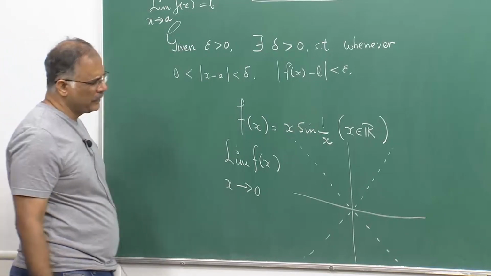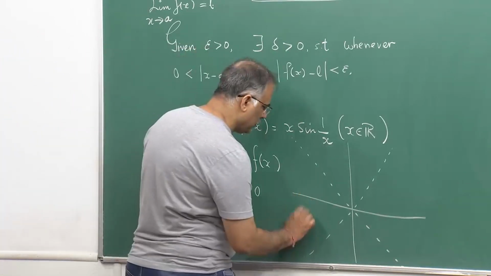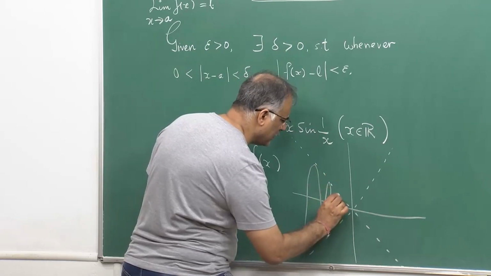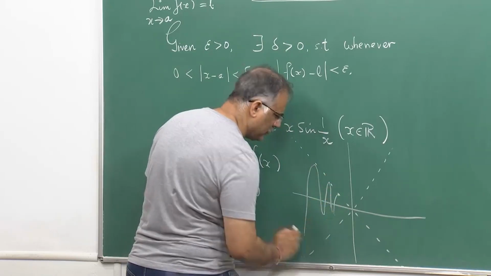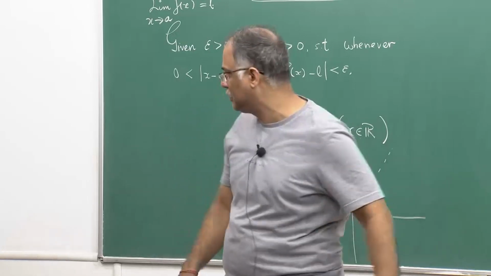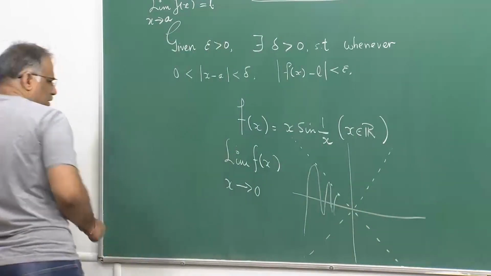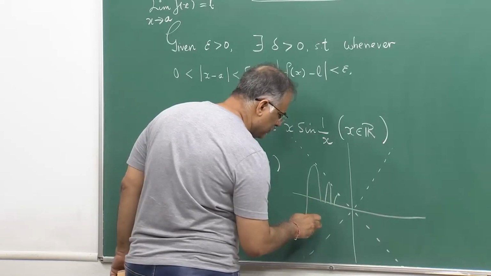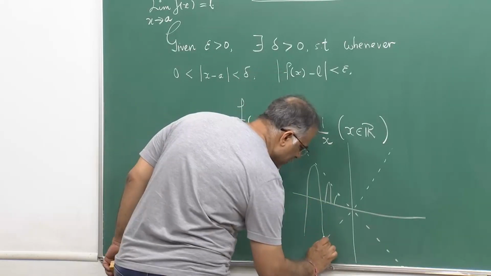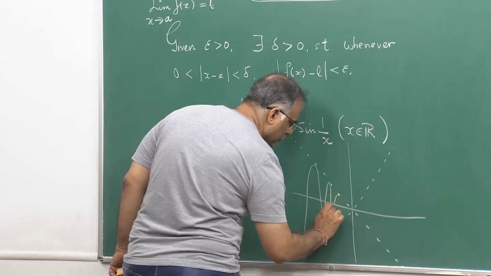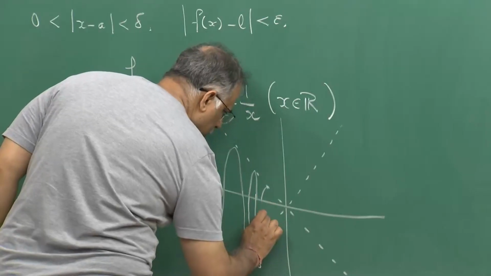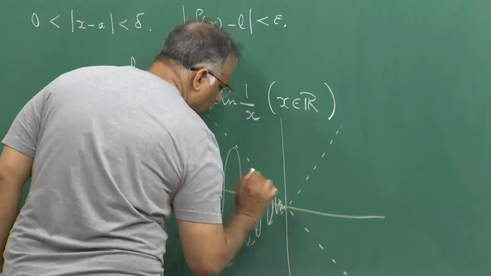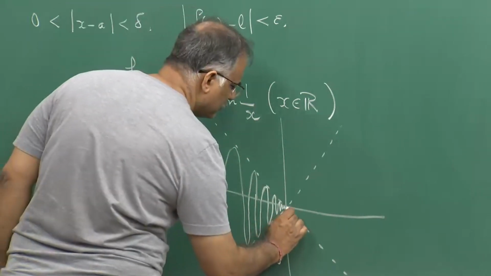Okay. Now, the function oscillates like this. It oscillates means it touches these lines y equal to x and y equal to minus x, and oscillates heavily near 0.